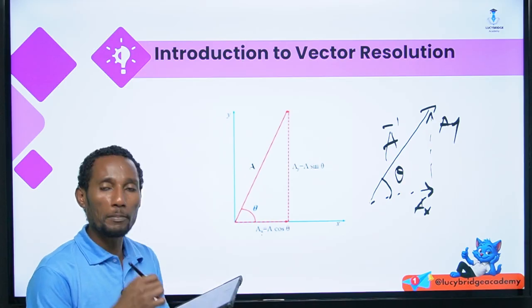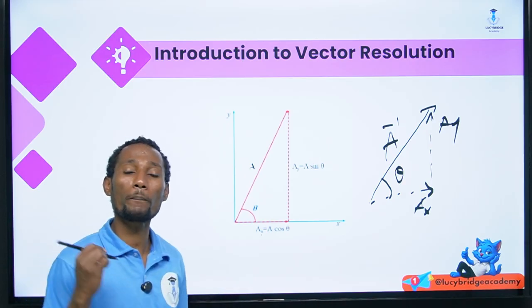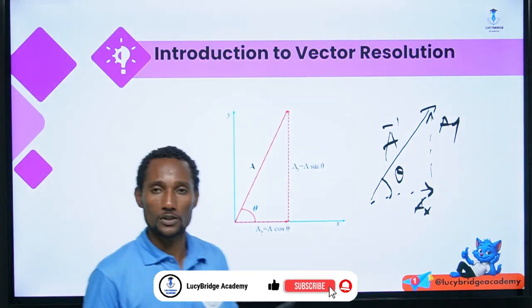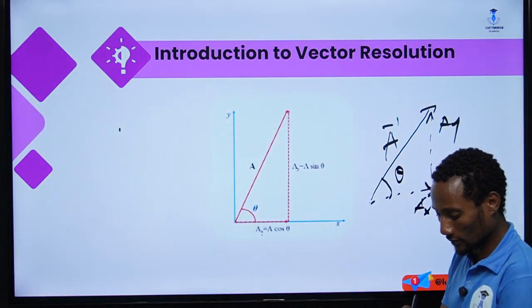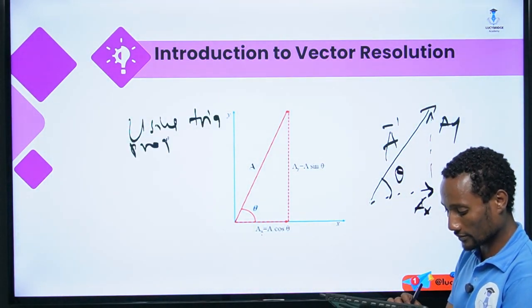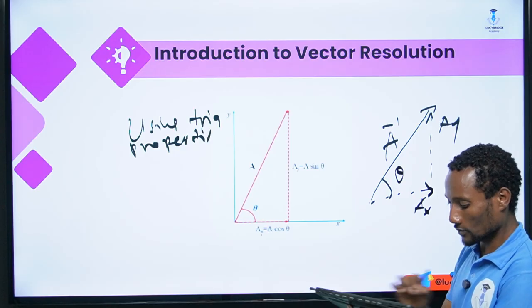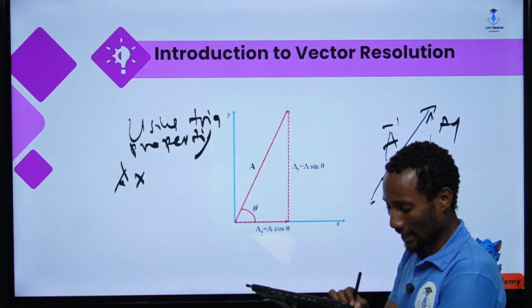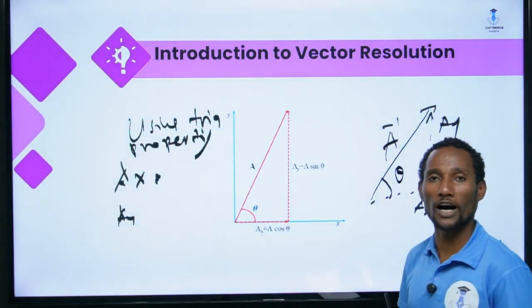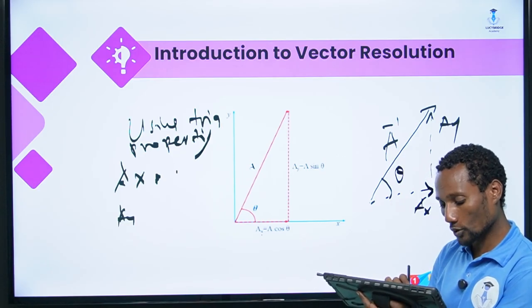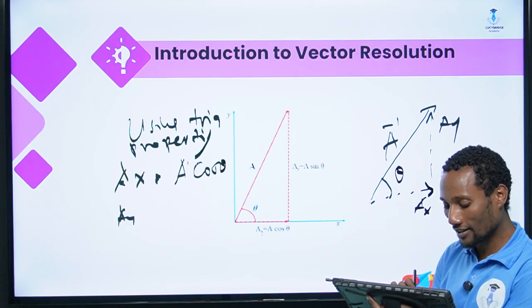So using the trig property, we have the values of AX and AY. AX equals A cos theta, which is the adjacent side.